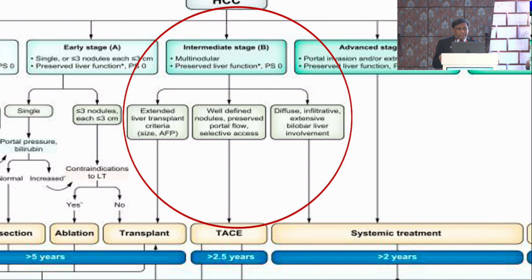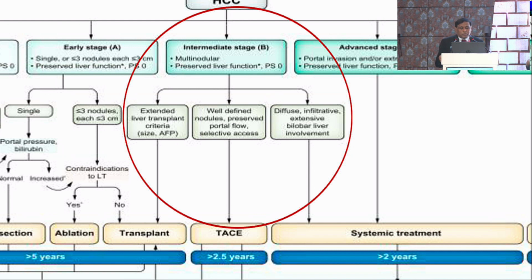So if you see again, let's focus on the intermediate stage. This is obviously multinodular, so it's beyond Milan, with good performance status, and no outside spread or vascular invasion. So substage A, B, C, you can say. The A, you go for expanded criteria for transplant.